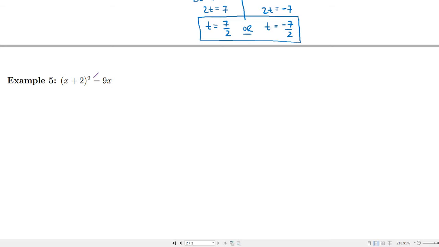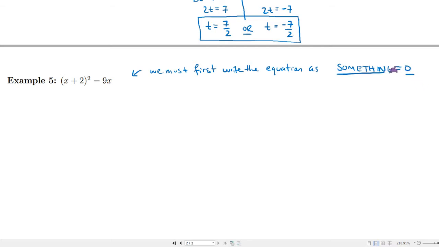But unfortunately, we can only use that property of 0. We must first write the equation as something equals 0.